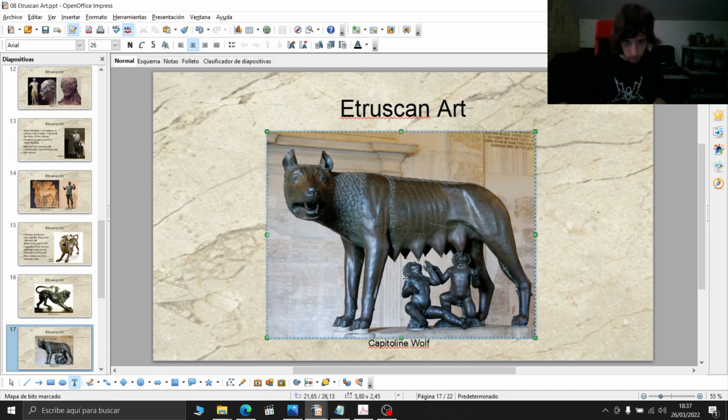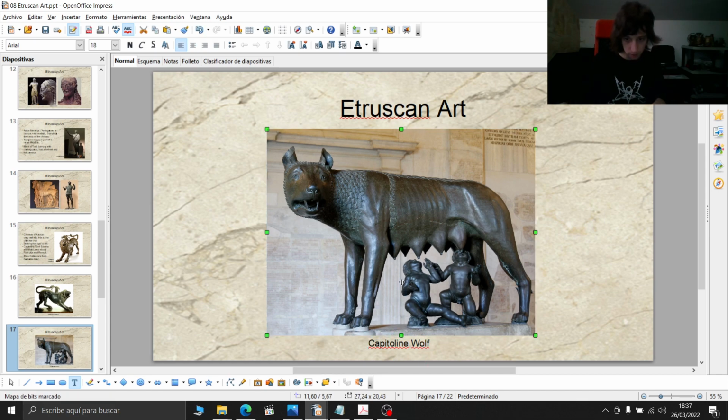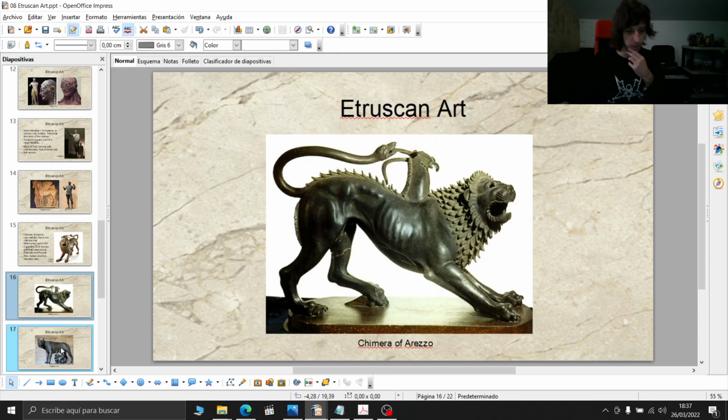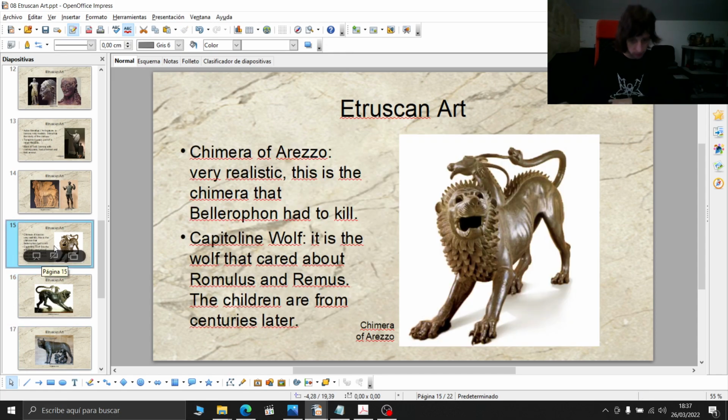Capitoline Wolf. The children were added in Baroque times, if I remember well. I think it was Bernini who made them.